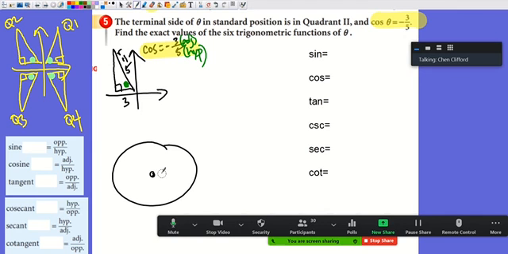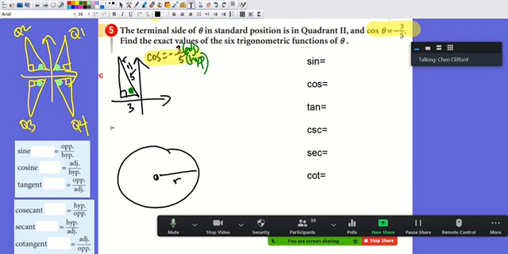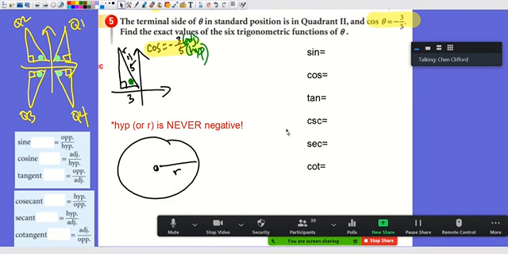If you have a circle, a radius can never be negative. So I'm going to write that down actually. Hypotenuse is never negative. And I'm going to put that in red right over here.